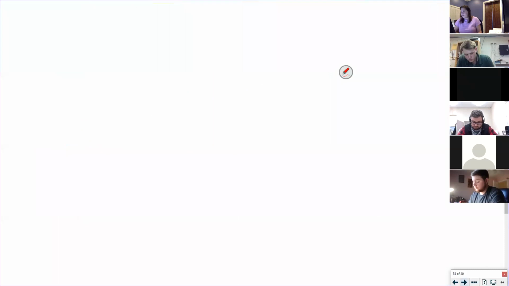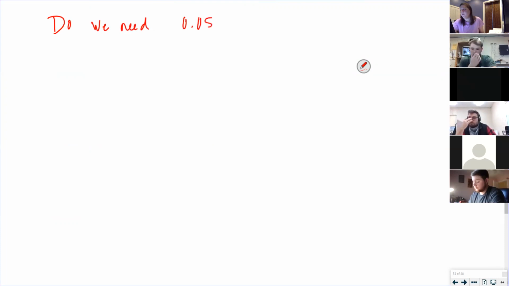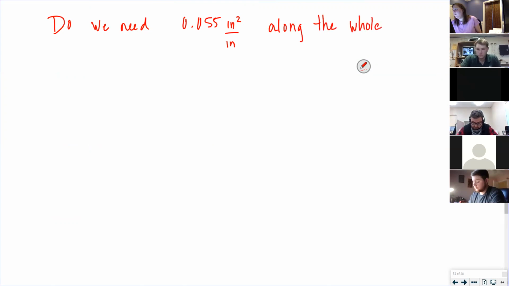So the next question, this is what Jonathan brought up, is do we need 0.055 inches squared per inch along the whole length?